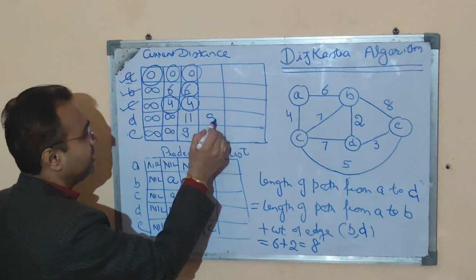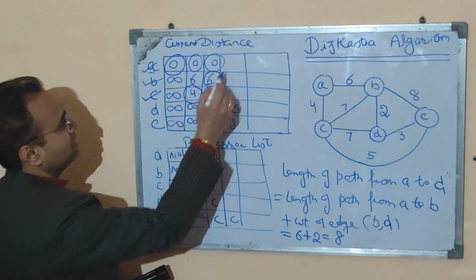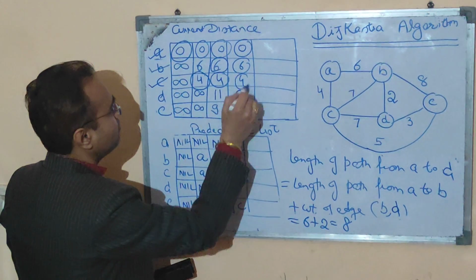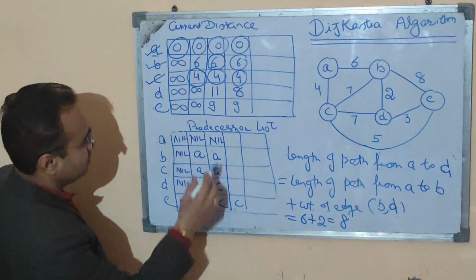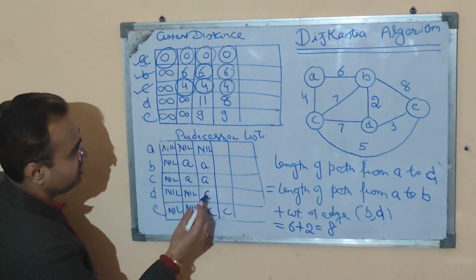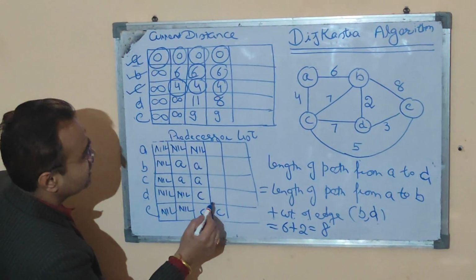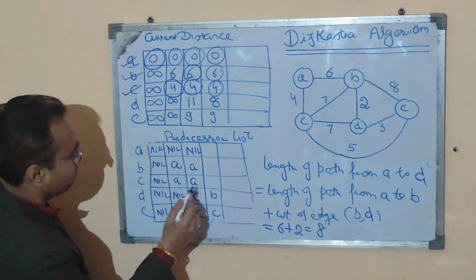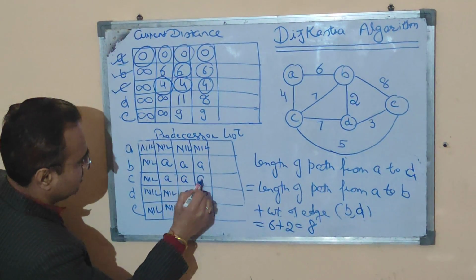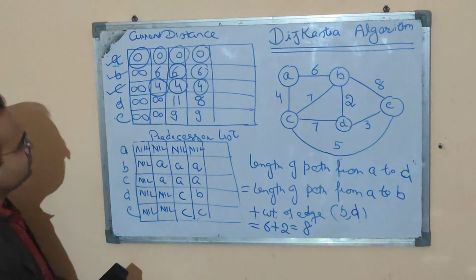I am going to update it to 8. Others will be kept as they are because they are finalized vertices. And for D, as we have updated the value, I am going to update the predecessor also.